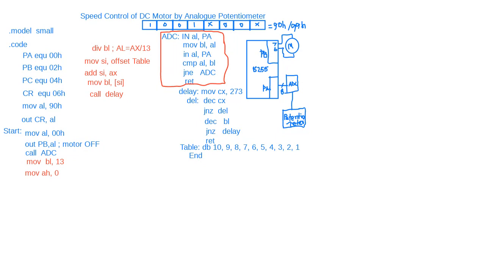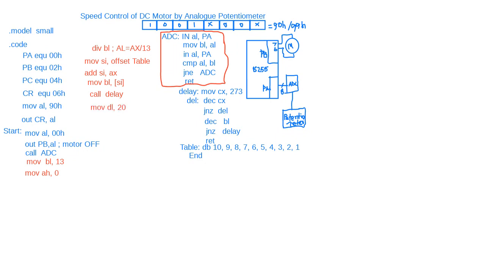Move al, we already use dx, okay, we do not use dx. BL is for this 10 or off time, so mov dl, 20.